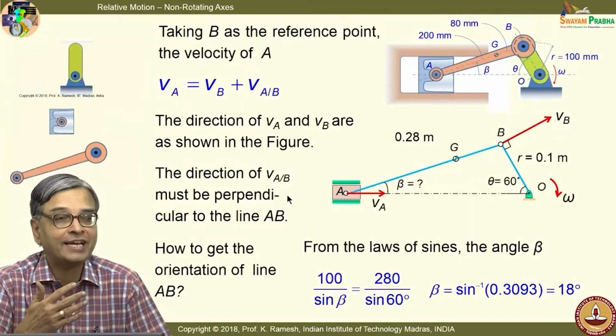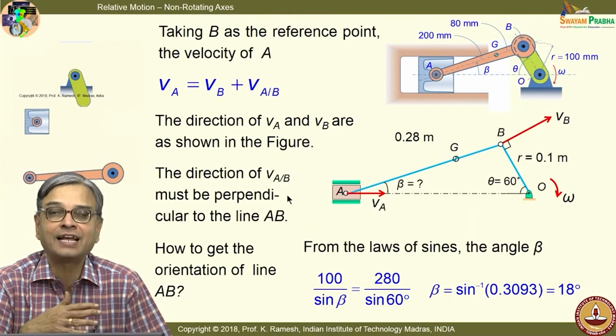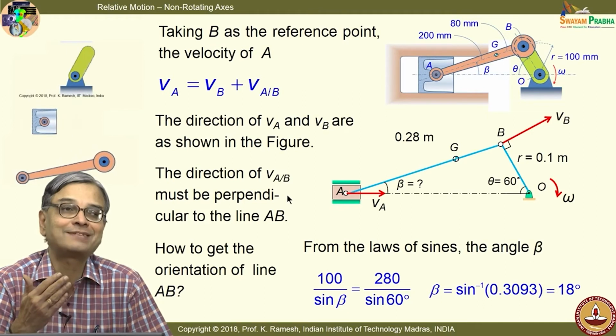This is what we have spent time in understanding in general plane motion, which can be thought of as a composition of a rotation and a translation. When I attach a translating axis, I perceive only the rotation.